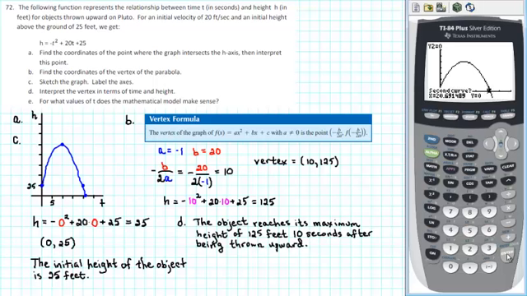The first time selects the first curve, the second time selects the second curve, and the third time gives us our point of intersection. We see that the point of intersection occurs when the x value, or the t value, is approximately 21.18034. So the values of t for which the mathematical model makes sense are from 0 to 21.18034.